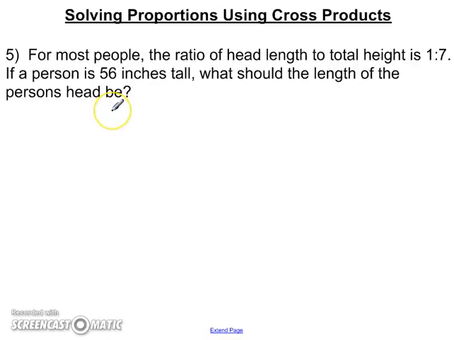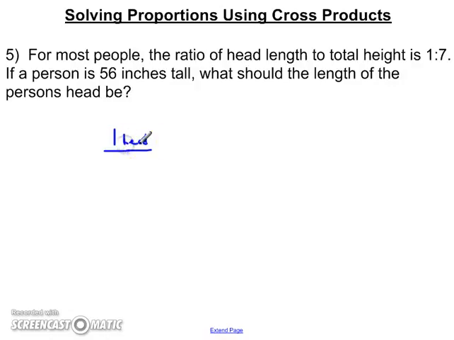All right, so now we're going to have to set something up here. For most people, the ratio of head length to total height is 1 to 7. I'm going to set that up as a fraction, as a ratio. So head length to height is 1 to 7. I'm writing head and height here just so I remember what order I put it in.